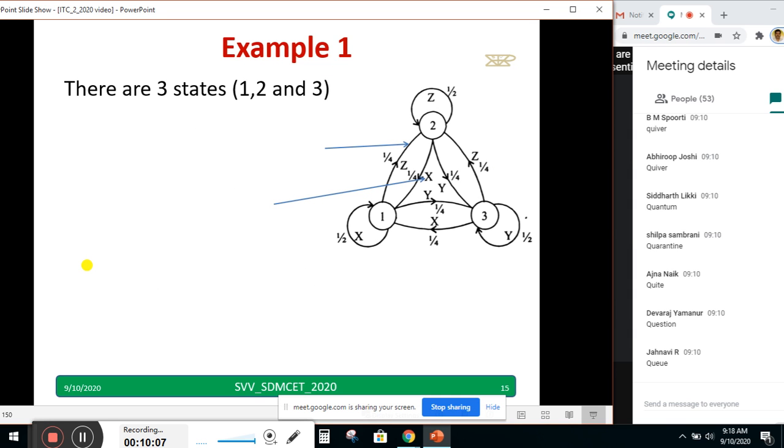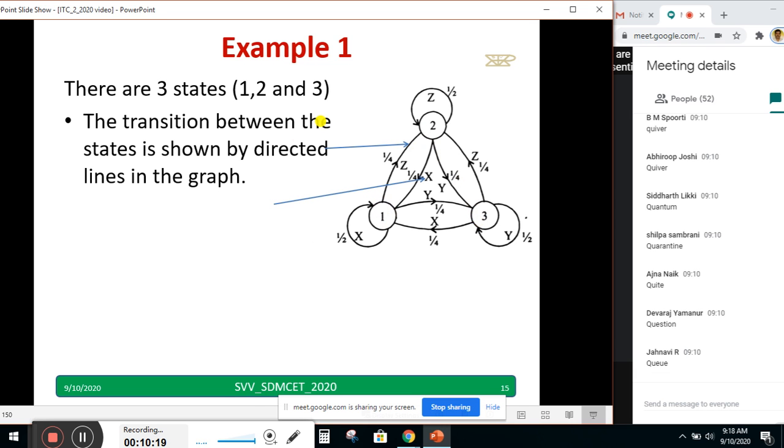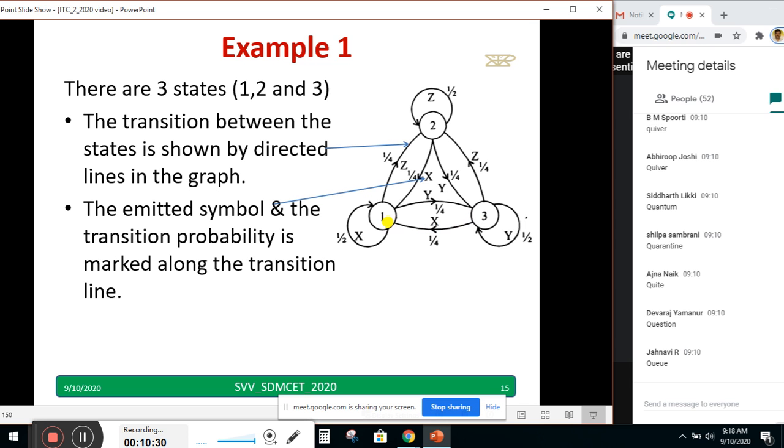Now, try to understand. I have 3 states: state number 1, state number 2, state number 3. The transition between the states is shown by the directed lines in the graph. For example, 1 to 2. For example, you can say 3 to 1. The emitted symbol and the transition probability is marked along the transition line.